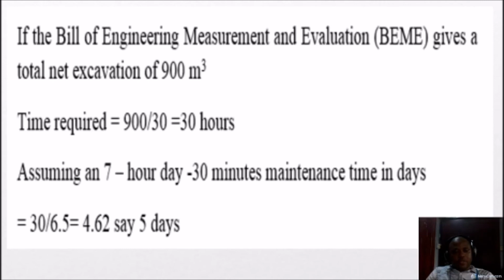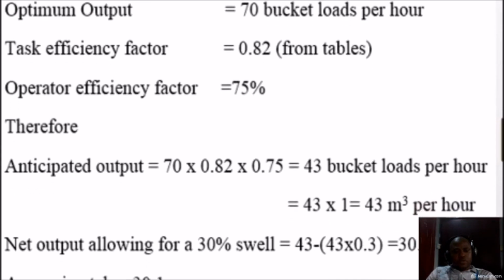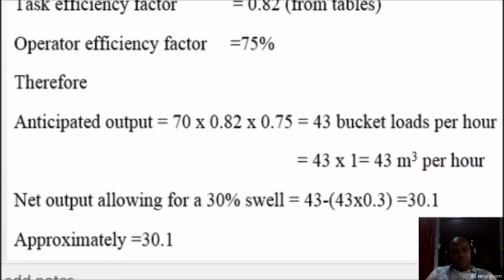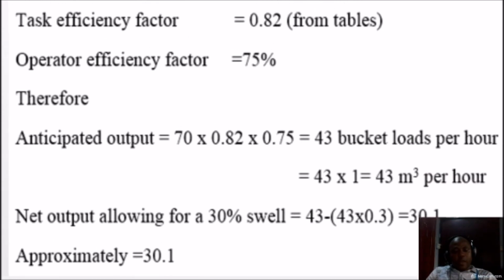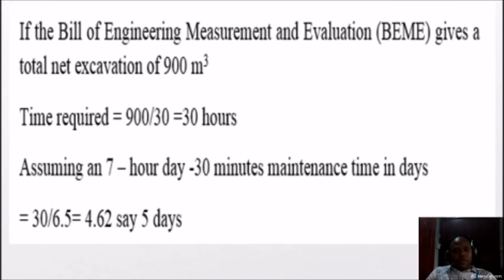We had a net output allowing for swell of 30.1, which we approximated to 30. So the total volume divided by the output gives us a total of 30 hours.